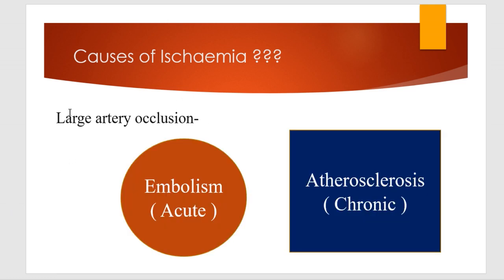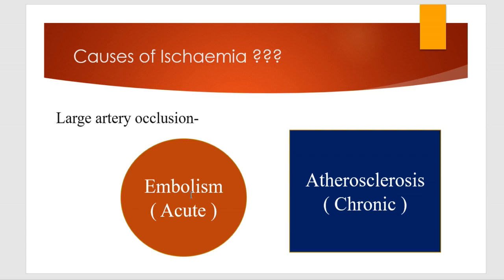In large artery occlusion, basically there are two main causes. One is acute and another one is chronic duration. In acute duration, embolism is the most common cause of large artery occlusion.